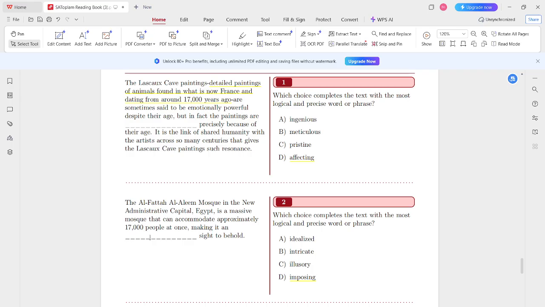So the word we are trying to find is imposing, because we needed a word that means big or large. So let's read the text by putting the word here. The Al-Fattah Al-Alim Mosque in the new administrative capital of Egypt is a massive mosque that can accommodate approximately 17,000 people at once, making it an imposing sight to behold.